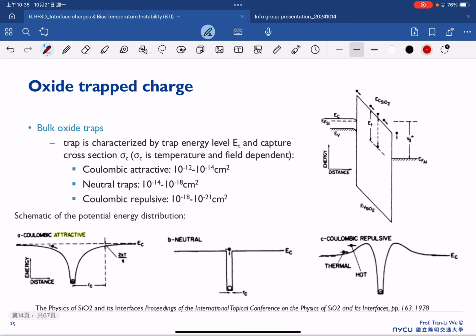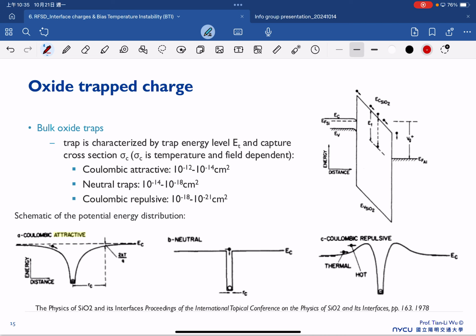Okay, so once we talk about the oxide trap charge, you also have to come up with a certain mathematical way to estimate this trap, because we cannot always use a very vague physics concept to say there's a trapping inside the dielectric. We have to come up with a way to quantify the trap.